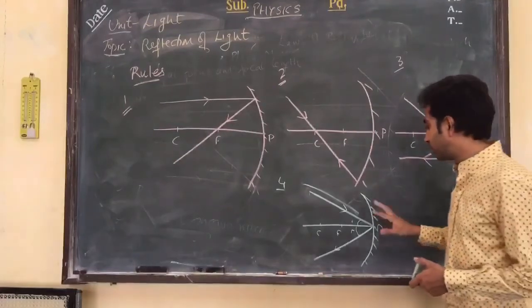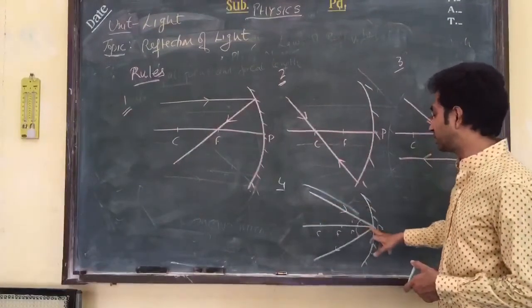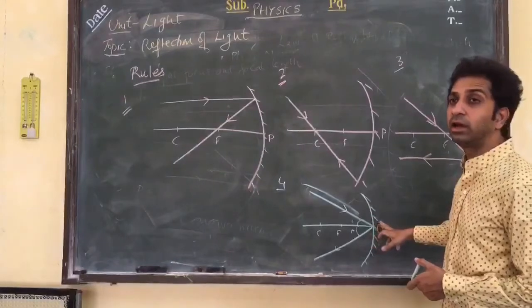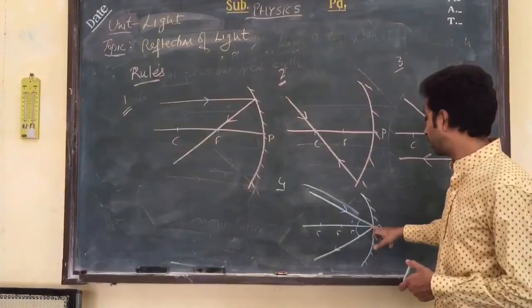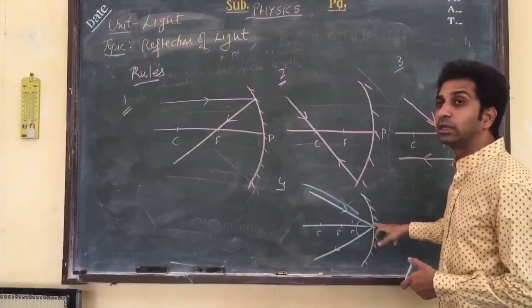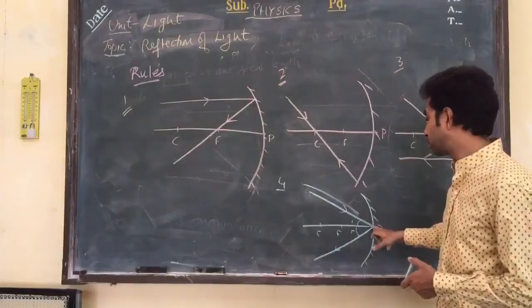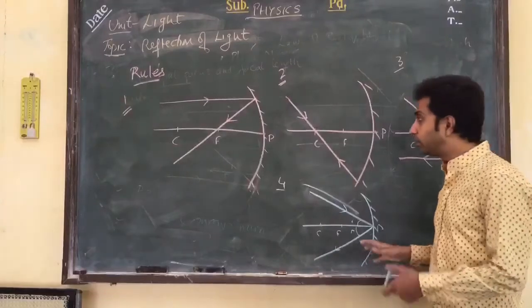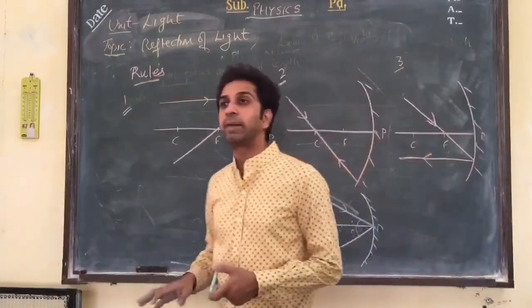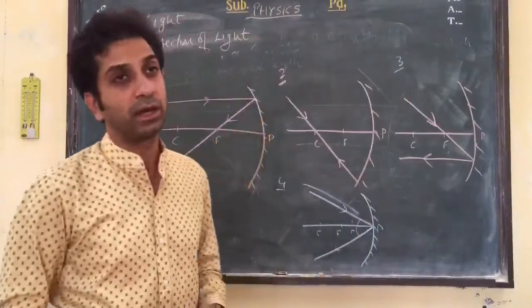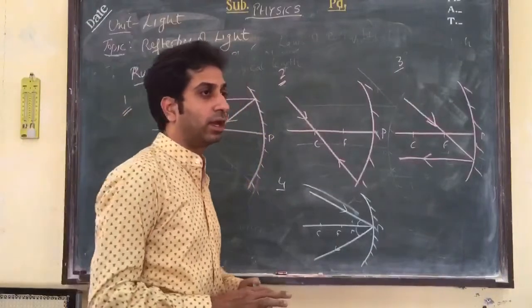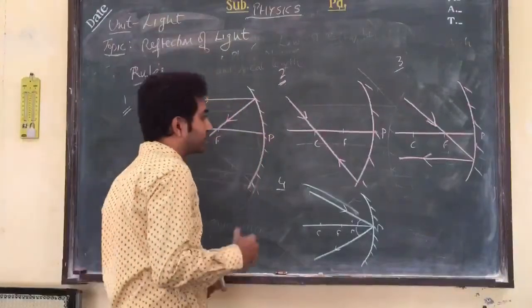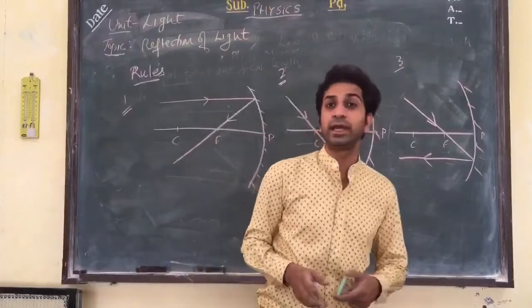Rule number 4, if the ray of light is incident at some angle I to the principal axis, then following the laws of reflection it gets reflected by some angle R. The same rules are also applicable to convex mirrors, right? So these are the various rules which can be used for plotting the ray diagrams.